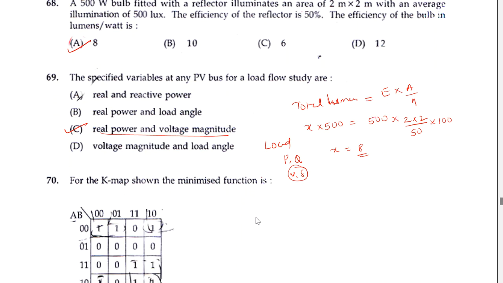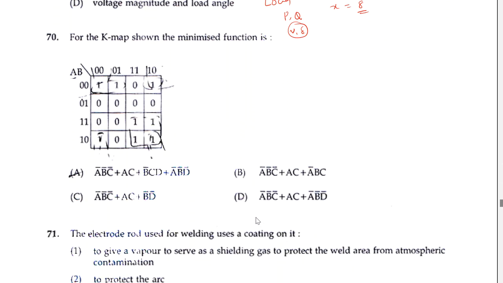Next question. The K map shown, the minimized function is. See here, we can map 4 here. That means for example here A bar B bar, A bar B, A B, and A B bar, and here we assume CD means C bar D bar, C bar D, CD, CD bar.